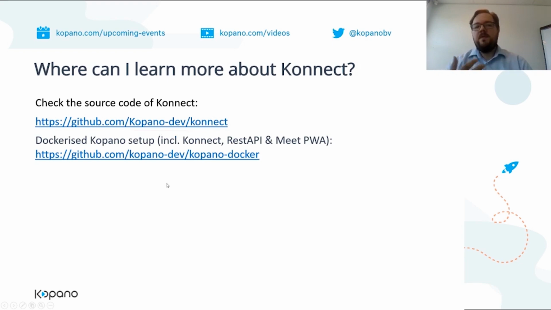And if you want to have a very, very easy test environment of Kopano, that also includes Konnect, which includes our REST API and is already pre-configured for Kopano Meet, then you can find here also in the account Kopano-dev a Git project called Kopano-docker, which is a very easy setup that you just need to clone locally. It has a small setup script, and then you basically in the end use Docker Compose to spin up a fully working Kopano test environment.